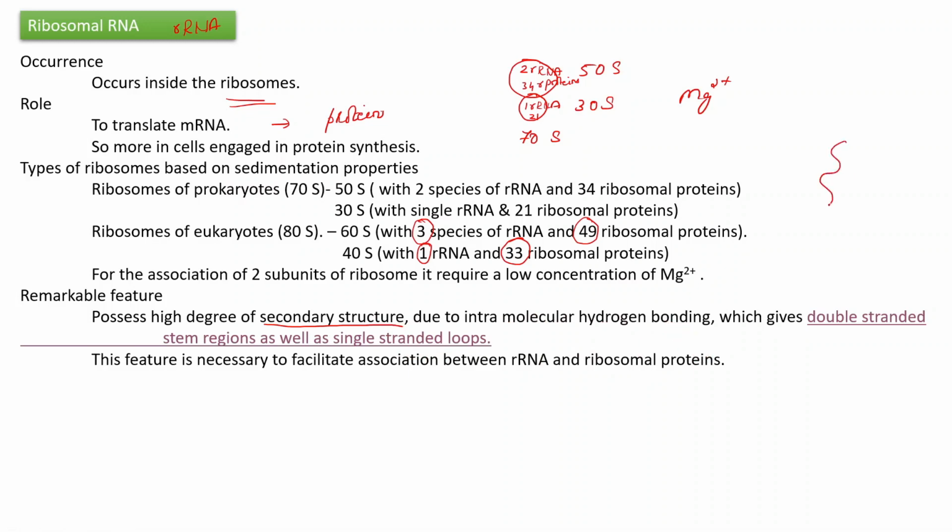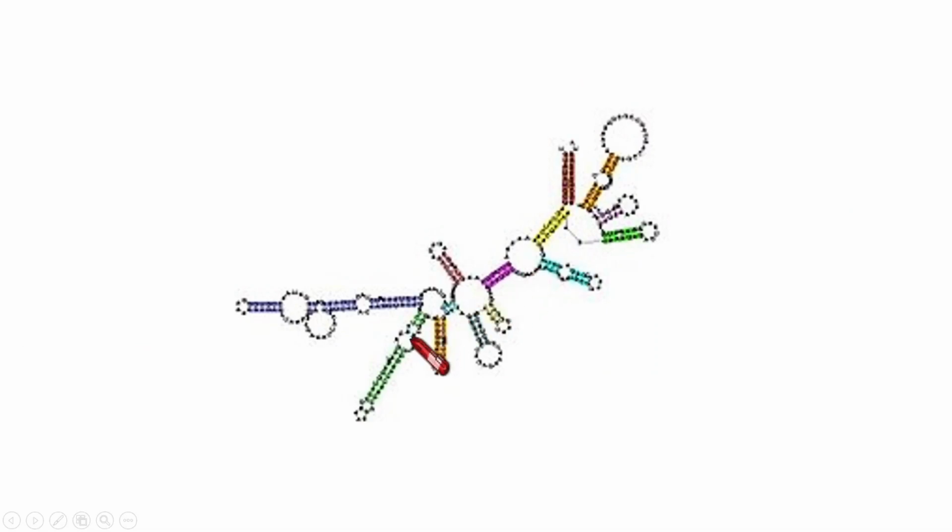We know that RNA is single stranded, and as it folds back, so many hydrogen bonds form within the same RNA itself, and that will give double-stranded stem regions as well as single-stranded loops for the ribosomal RNA. I'll show you that image. So this is the ribosomal RNA.